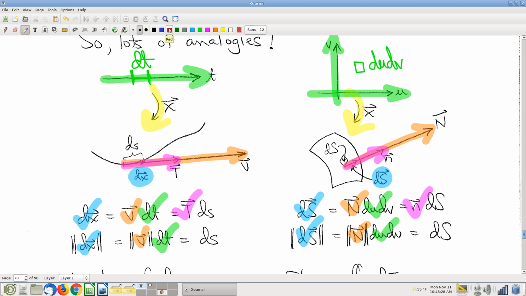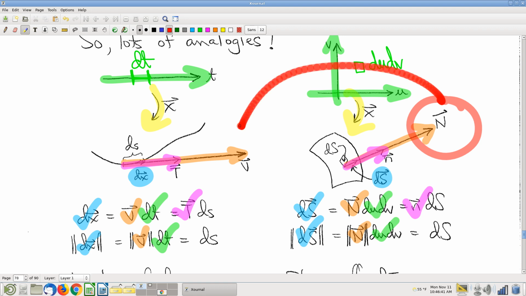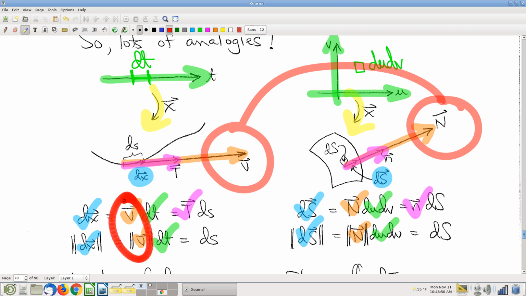If you find yourself not 100% understanding vector surface integrals, and there are certain things you never really know, like what's the deal with that thing anyway? A lot of students, for example, get confused about the capital N vector. What's the deal with capital N? Well, it's the vector surface integral analog of velocity. So it plays roles just like the velocity does.